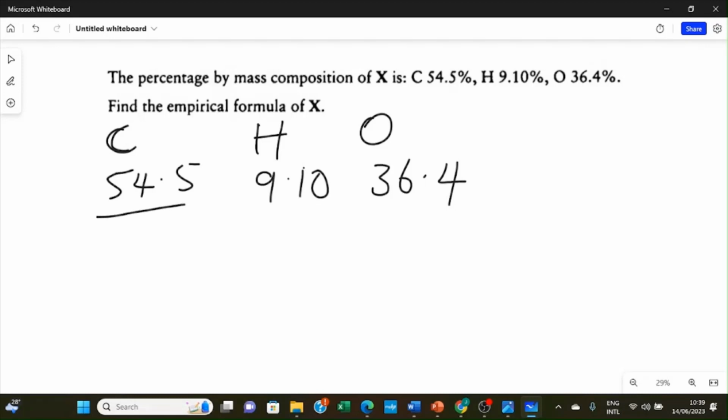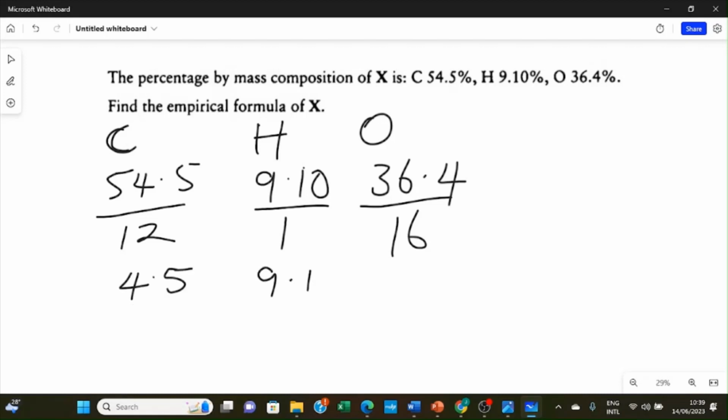Carbon is 12, hydrogen is 1, and oxygen is 16. So 54.5 divided by 12 gives 4.5. You have 9.10. Then 36.4 divided by 16.